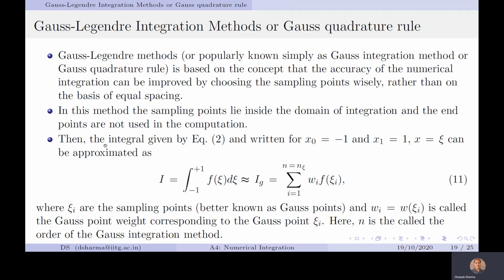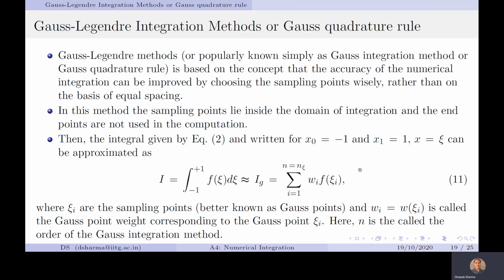So here, the integration we had earlier, we are going to convert x0 to -1, x1 to +1, and x to zeta. So this particular integral from -1 to +1 of f(zeta) d zeta is equal to the summation over i equal to 1 to n of weight omega i and the function value at zeta i.